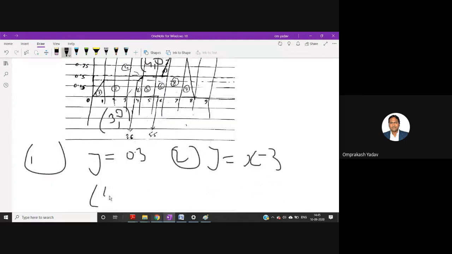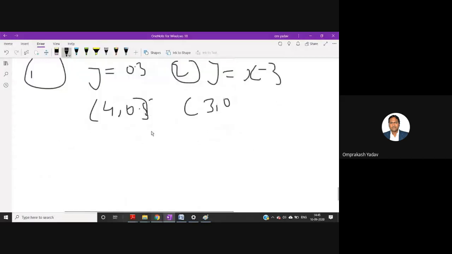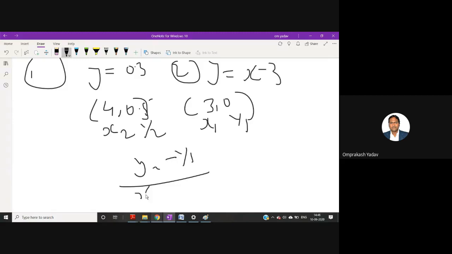So we have 2 points, (4, 0) and (4, 0.5) and (3, 0). Let's take this one as x1, y1, and this one as x2, y2. So (y2 minus y1) upon (x2 minus x1) is equal to (y minus y1) upon (x minus x1).